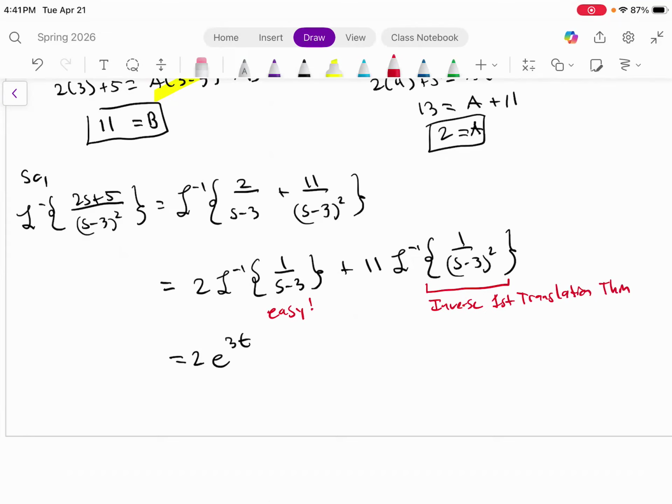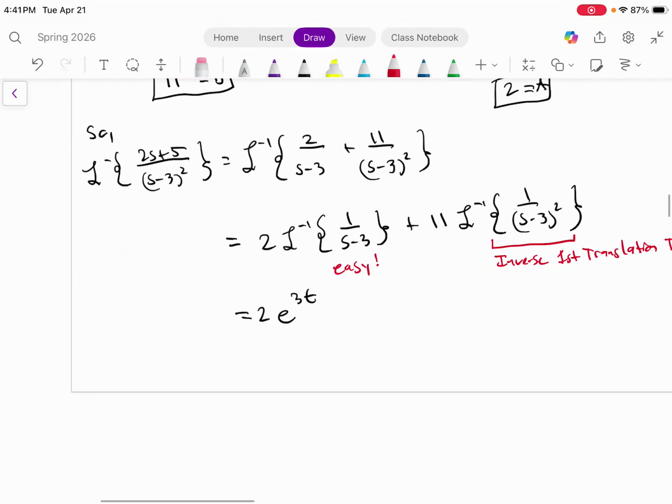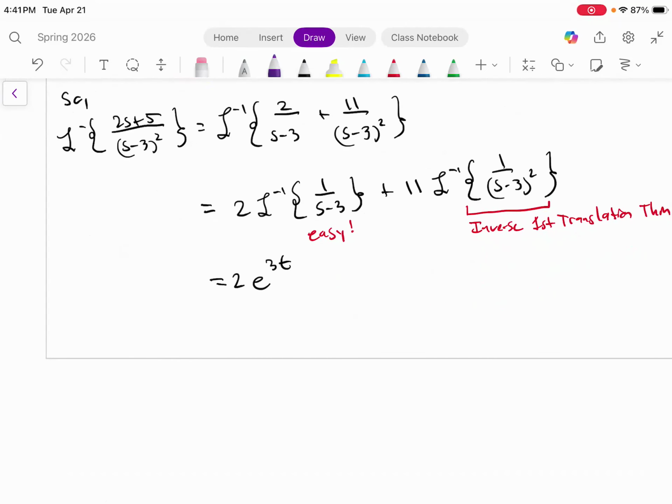Okay, so how do we take care of that within the problem? So let's go ahead and see how that would work. So I'll call this psi. Okay, so 1 over s minus 3 squared.